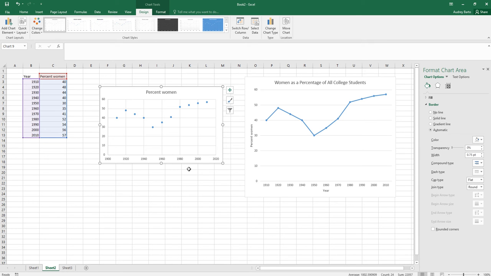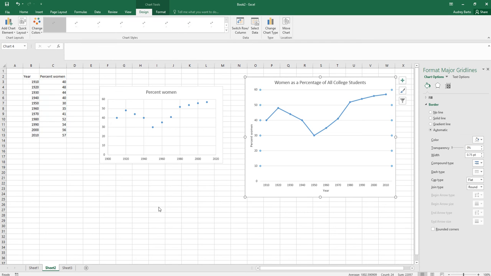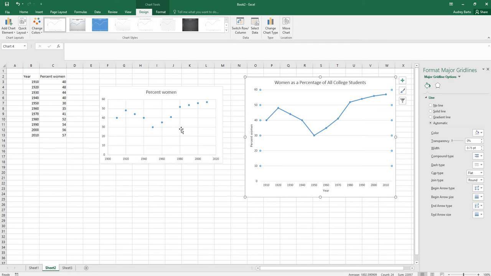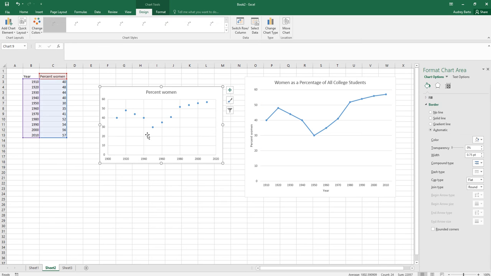Now here's the advantage of doing this over the line graph. If I wanted to add a data point here, it's not easy to do on a line graph, because the line graph doesn't understand that these are points with numerical values. It's seeing these years just as labels. For instance, let me get rid of this one.